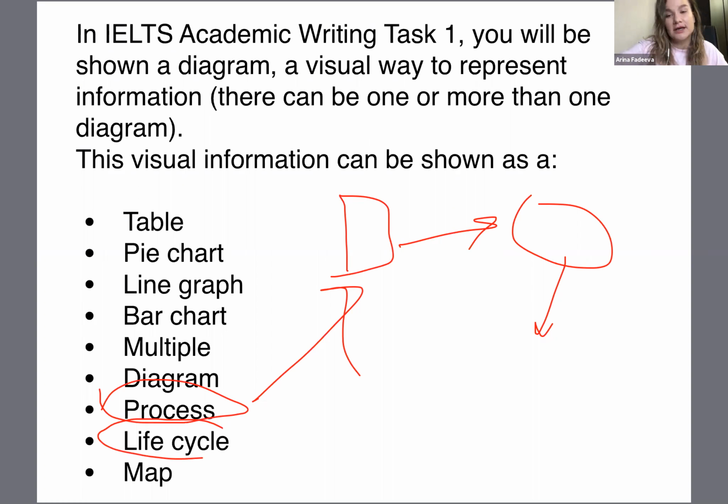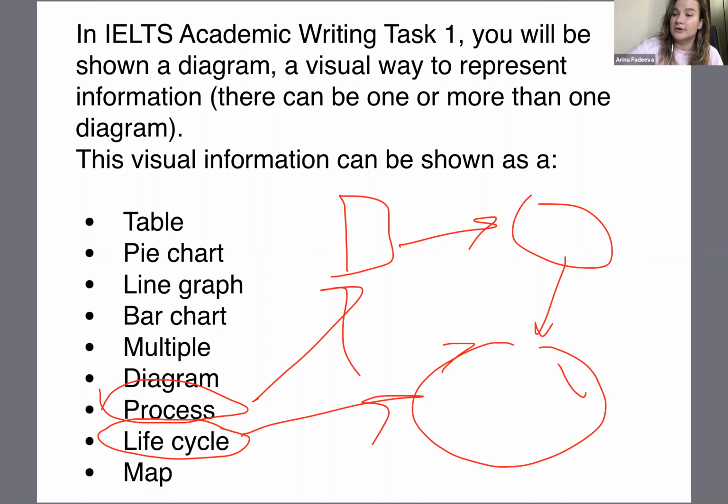Whereas a life cycle is usually the life cycle of some animal or an insect or any other creature on earth. So it's a little bit different. It's a cycle, so it goes this way or another way. It goes backwards, but it's fine.